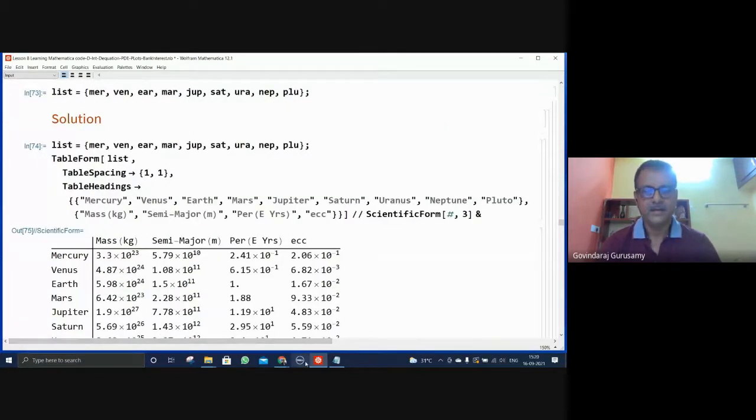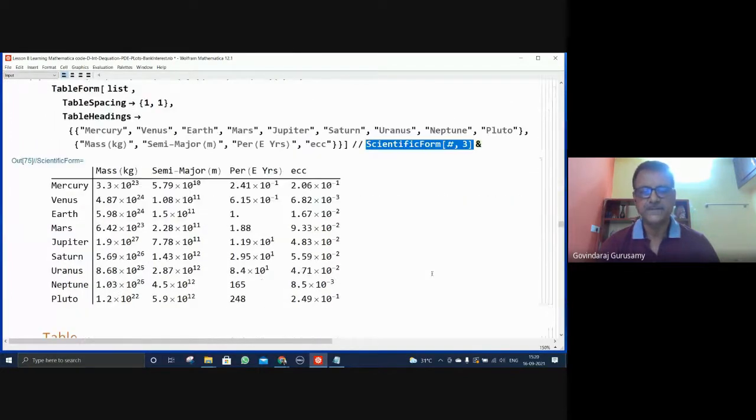Okay, and here you can see we are putting it in a scientific form with 3 digits, with an exponent. For example, all will have 3 digits. If the third digit is not available, that will not be shown.